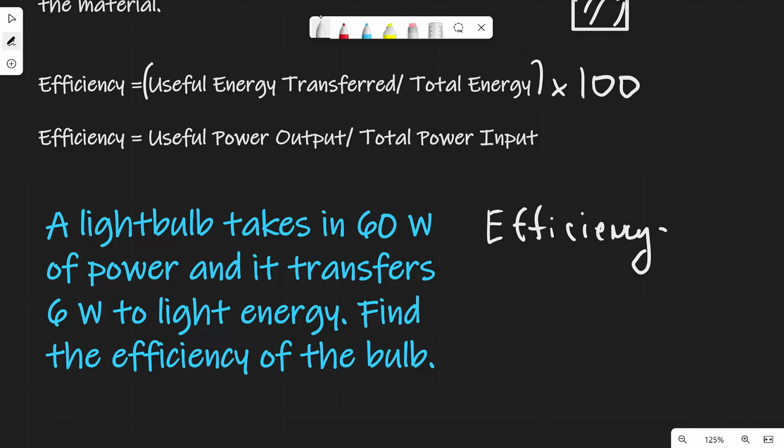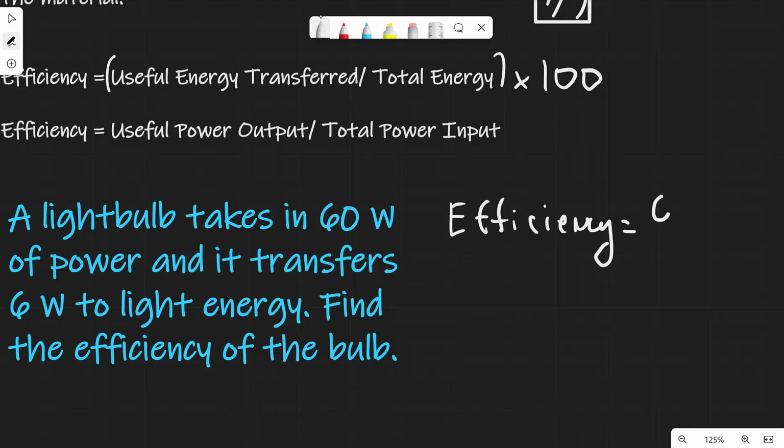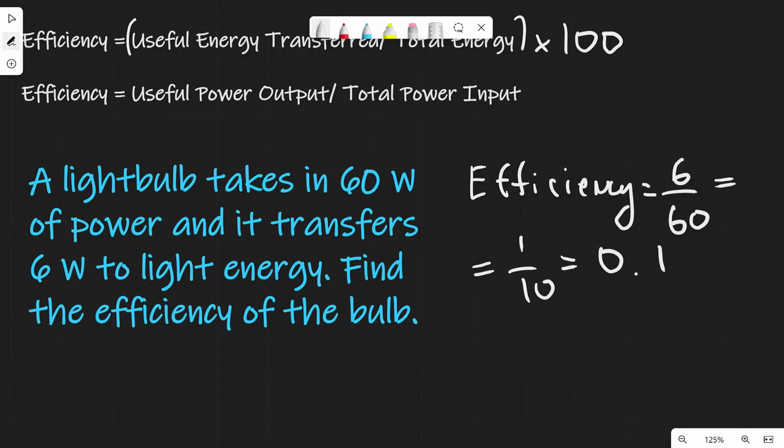Efficiency will just be equal to the useful energy, which is 6, divided by the total output, which is 60, which is equal to 1 over 10, which is equal to 0.1. The efficiency doesn't have a unit, once again, unless we find it as a percentage, and if that's the case, we'll just multiply that by 100. So 0.1 times 100 will just give us 10% efficiency for this case.